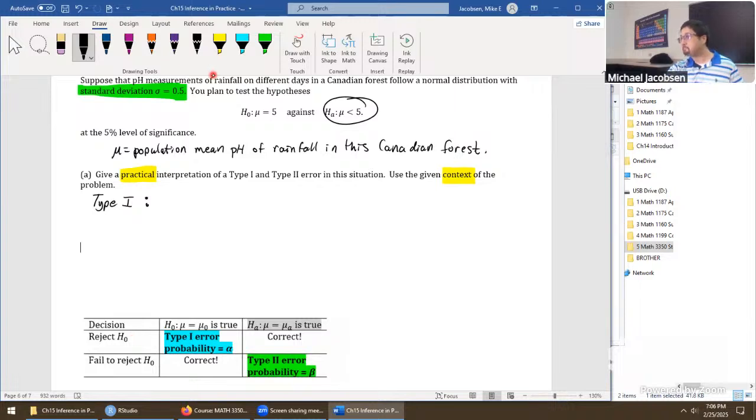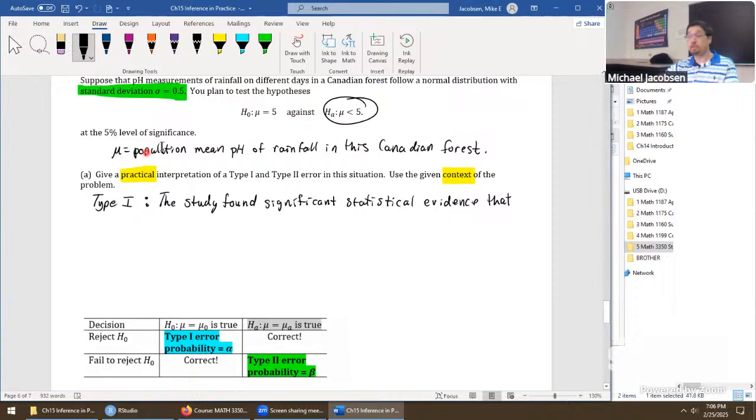So we'll begin by saying, the study found significant statistical evidence that, we can just read out the statement here by looking up what the parameter mu was, that the population mean pH of rainfall, and I'll say just in this forest, it's implied we're in Canada for this whole problem.